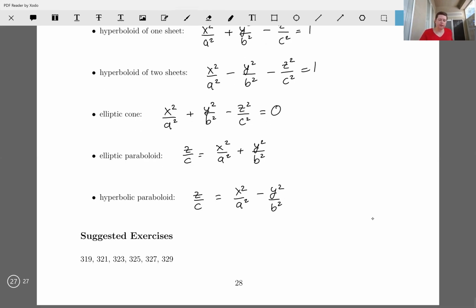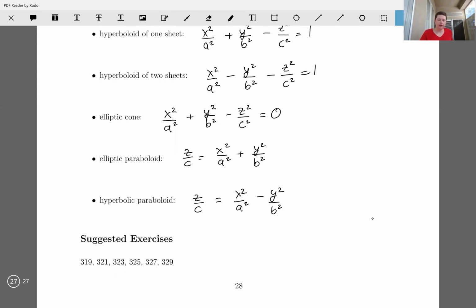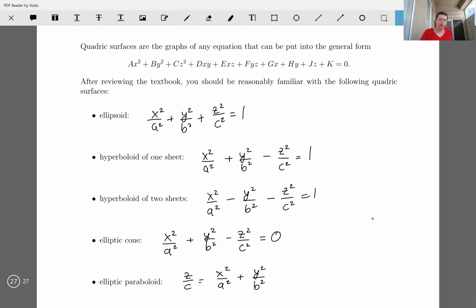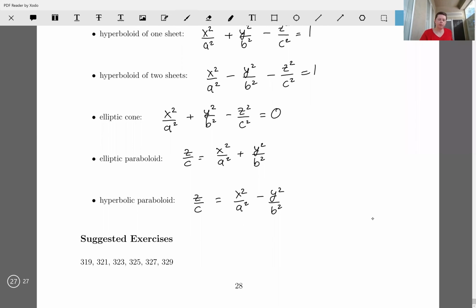And so I have some suggested exercises. One of the things that I'm having you think about in these exercises is also how, if the equation doesn't look perfect, can we fix it? So if I had something like x squared plus y squared minus z squared plus 2x equals 18, for example, I would do x squared plus 2x, complete the square, so I'd have a plus 1, a minus 1, plus y squared minus z squared equals 18.